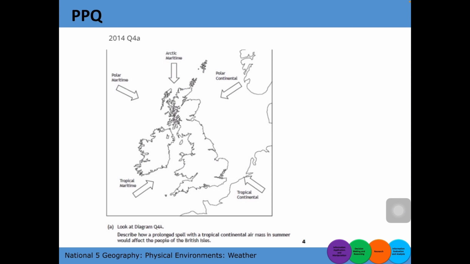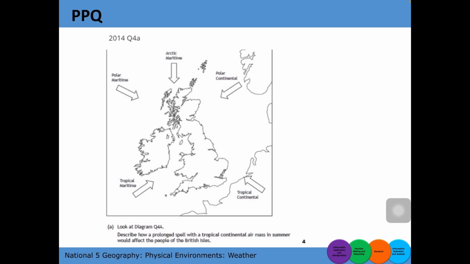And typically, when we have these tropical continental air masses moving over the UK, they can come from as far as the Sahara Desert, all over Europe towards the UK. And they will bring conditions similar to a heat wave. So, for this question, we're describing what a heat wave would be like for the people of the British Isles.